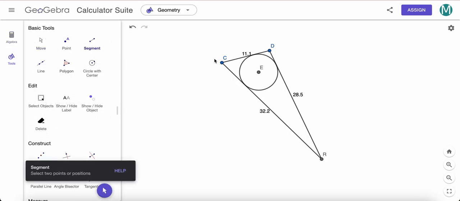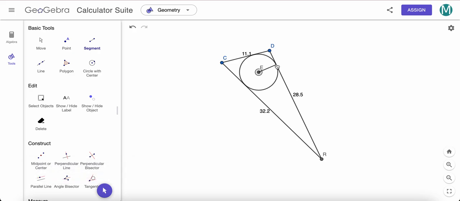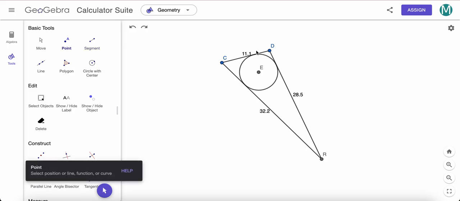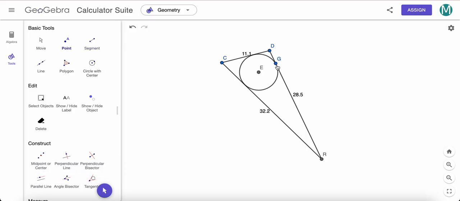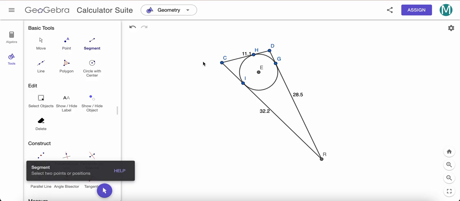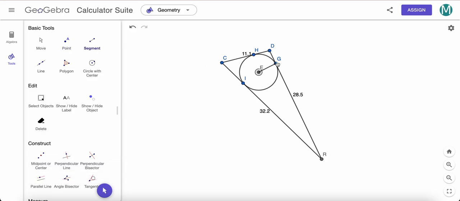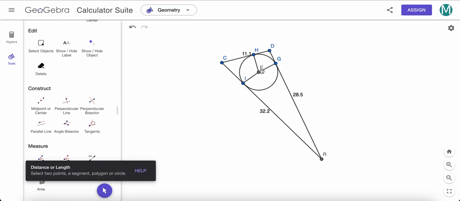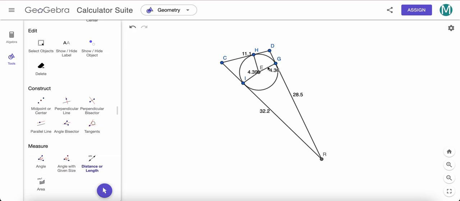So I'm gonna draw a line segment from A to, no, first let me make some points. This, I think, and this one. So let's join E to G, E to H, and E to I, and let's find the distance. We did good. 4.39, 4.36, 35.